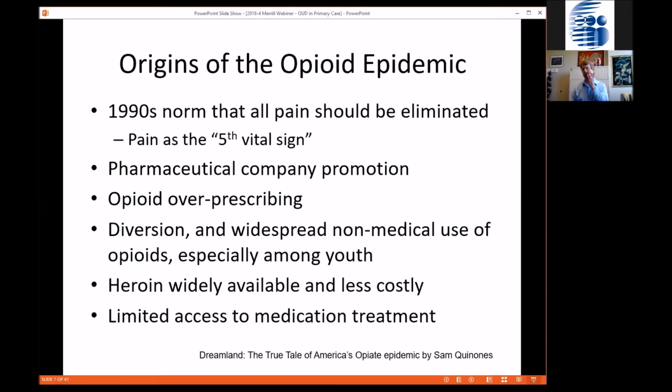So in terms of the origins of the opioid epidemic, if you haven't read Dreamland, which is noted at the bottom of the slide, it's a really good review. Not so much about treatment of opioid addiction, but really the origins of the opioid epidemic, going back into the 90s, where pain was really focused as a fifth vital sign, and there was a lot of push to do better pain control.